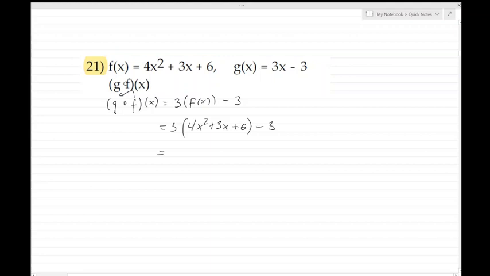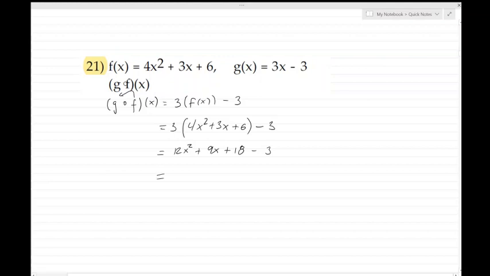We're just simplifying the problem that we have there. So 3 times 4, 12x squared, then 3 times 3, 9x, and then 3 times 6, 18, and then don't forget to keep bringing down that minus 3 or those extra items on every step.